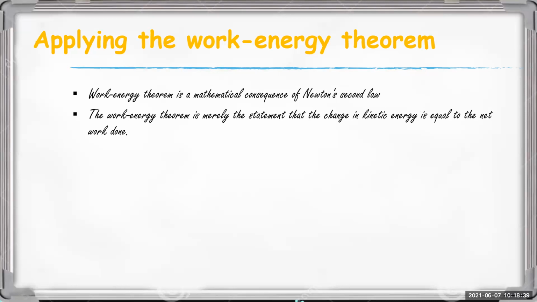In that, 1/2 m vB squared is the kinetic energy at the point B, and the second term, 1/2 m vA squared, was the kinetic energy at the point A. So the LHS gives the change in kinetic energy, and the RHS is the integral of F dot dr, that is the work done.